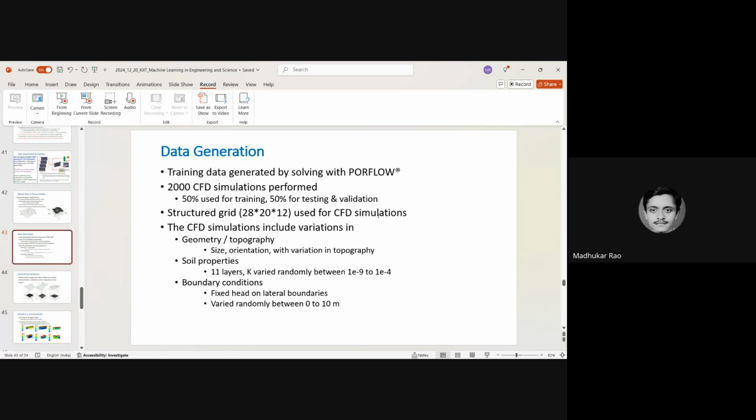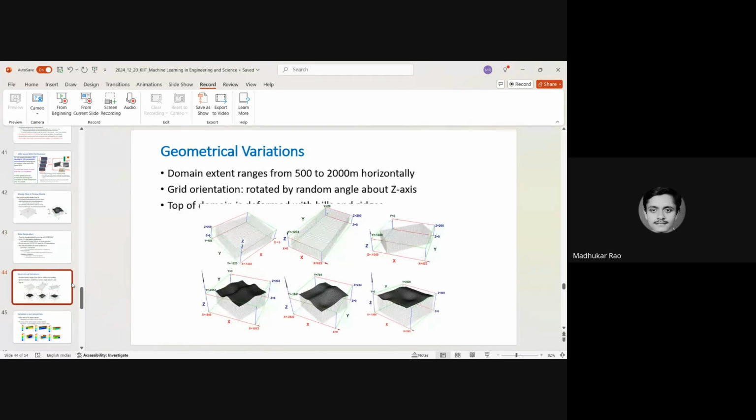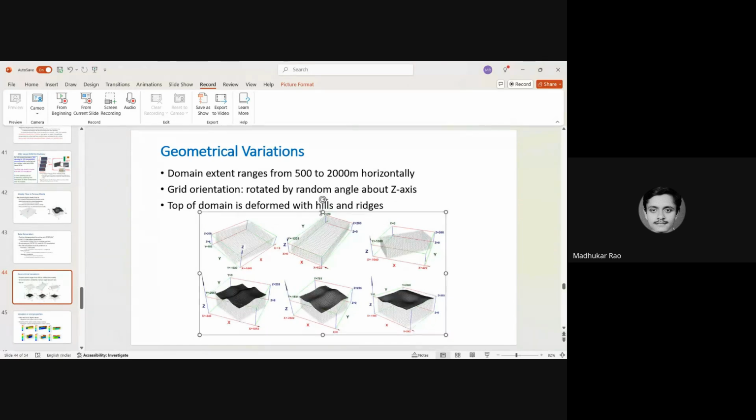And boundary conditions were basically fixed water pressure, or fixed head, on the lateral boundaries, varying from 0 to 10 meters head, 10 meters of water basically. So the domain extents went from 500 to 2000 meters basically. And we also rotate the domain so that we get Galilean invariance of the flow. And the top of the domain is deformed with a lot of hills and valleys and so on and so forth.